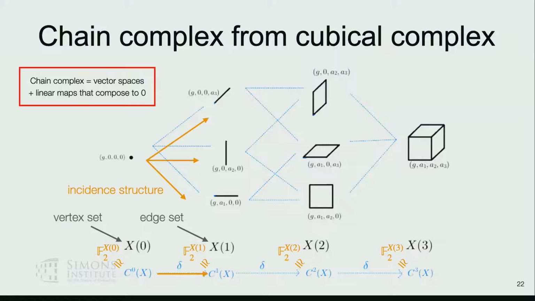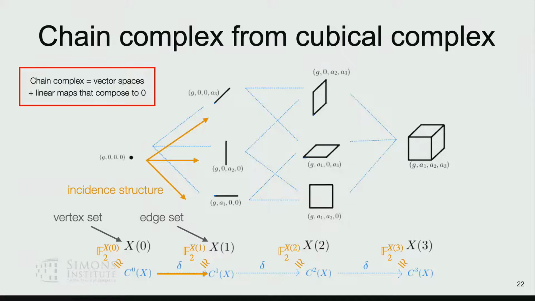So that defines the vector spaces. For the linear maps, we'll rely on the incidence structure. What that means is that if a vertex is in a particular edge, then the corresponding entry in the matrix is set to 1. It's sort of like the adjacency matrix, but more like the incidence matrix in this case.